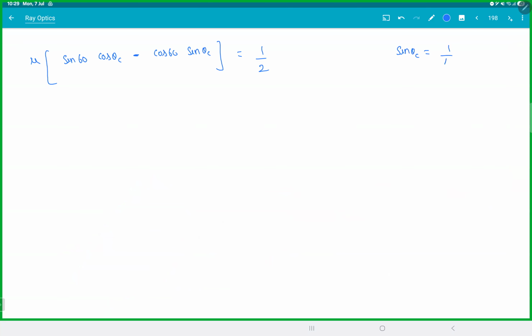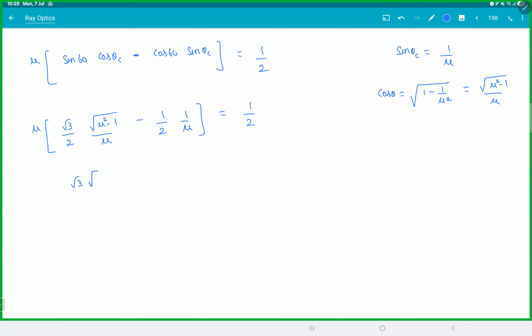Sine theta critical is 1 by mu. Then cos theta will be root over 1 minus sine square theta, root over mu square minus 1 by mu. Root 3 by 2 times root over mu square minus 1 by mu. This is half and 1 by mu. 2 goes off, mu goes off. Root 3 root mu square minus 1 is 0.